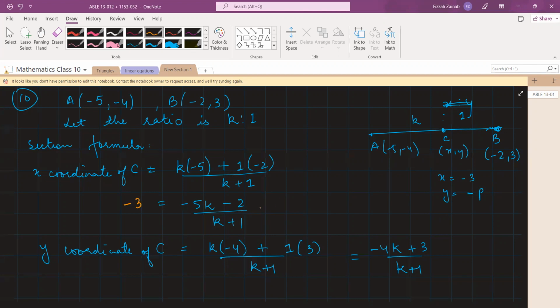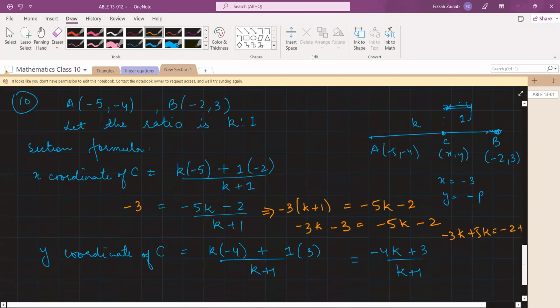Now you solve it. So -3 into (k + 1) is equal to -5k - 2. So -3k - 3 is equal to -5k - 2, right? So -3k + 5k is equal to -2 + 3.